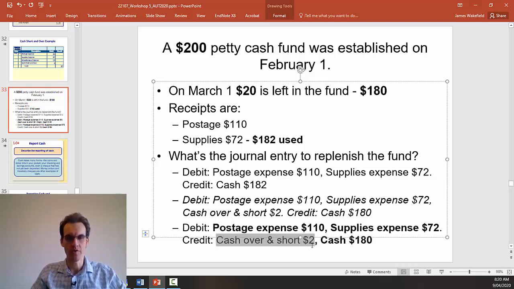In this case, we had $2 cash over what we should have had, and so we credit cash over and short, which means the debits of $182 in total match the credits of $182 in total. So the correct answer is the last one. Debit postage expense 110, debit supplies expense 72, credit cash over and short 2, credit cash 180.